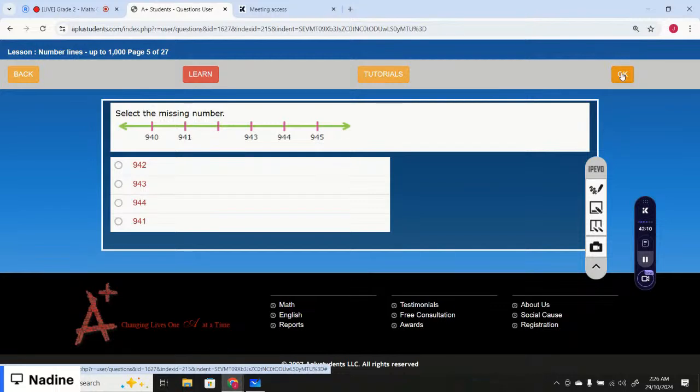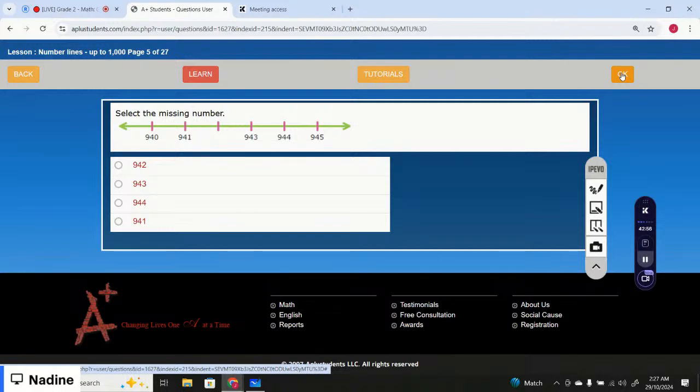Select the missing number. So which number is missing? The correct option is 942.